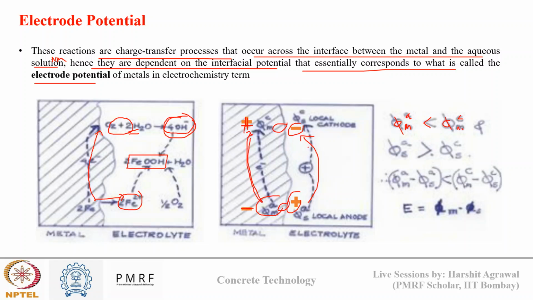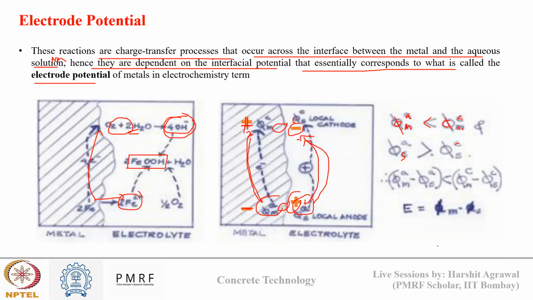While in the solution, the potential of the solution at the anode will be higher than the potential of the solution at the cathode. If this happens, this will be positive and this will be negative, so ions will move from positive to negative. This is how the movement of ions occurs.